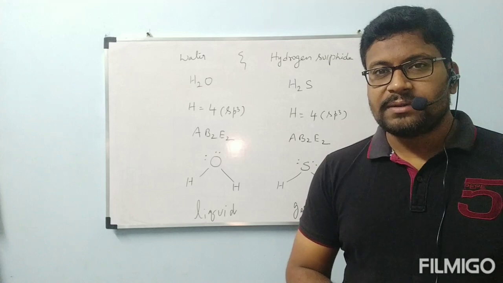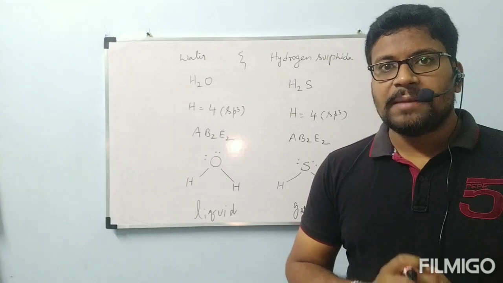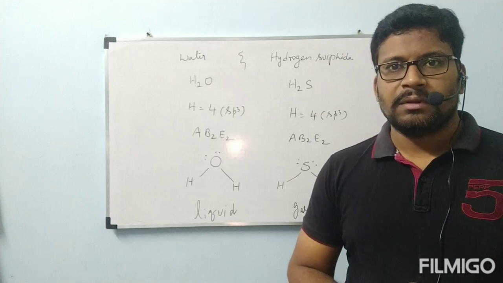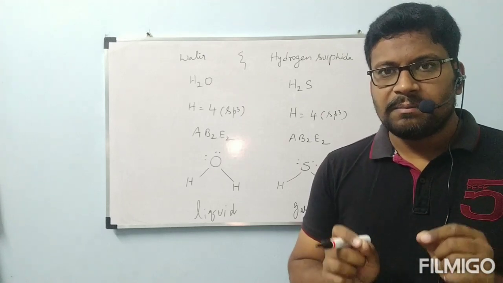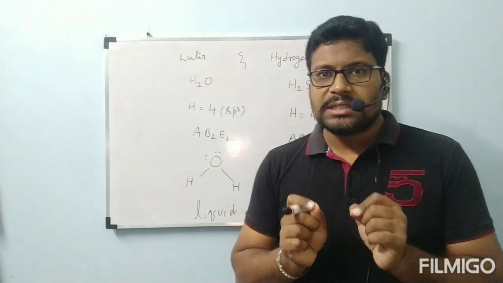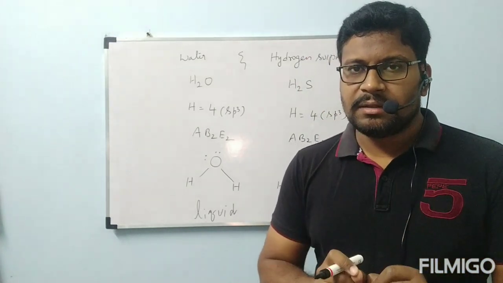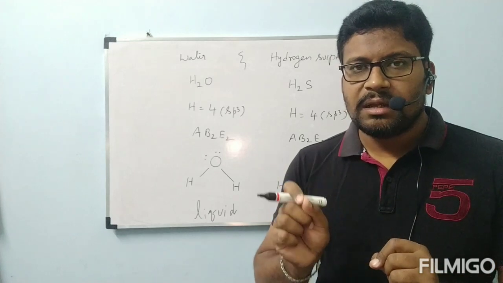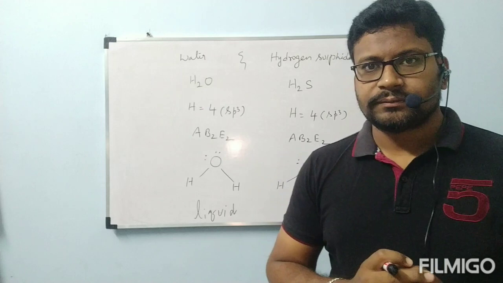Hydrogen bond is not a chemical bond like covalent bond and ionic bond. Once again I am stressing here, please remember all of you, hydrogen bond is not a chemical bond like covalent bond or ionic bond. It is an intermolecular force.